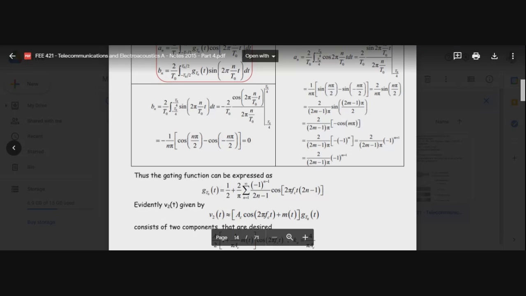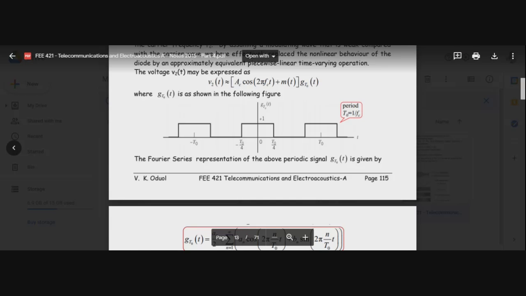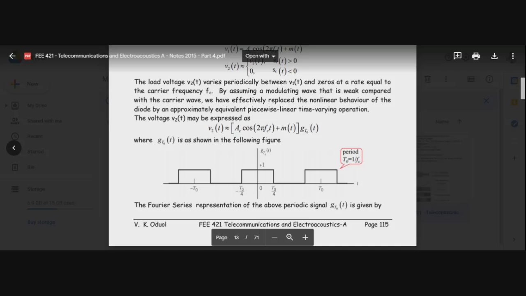It has a half. And by the way, you could actually get the half without even doing integration, because it's the average value of the signal. Look at this signal at the bottom of the page: it goes to 1.